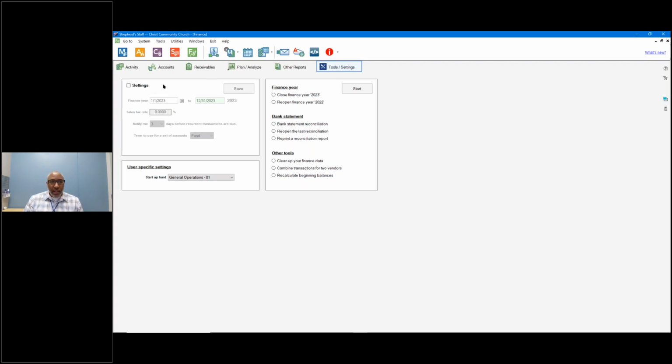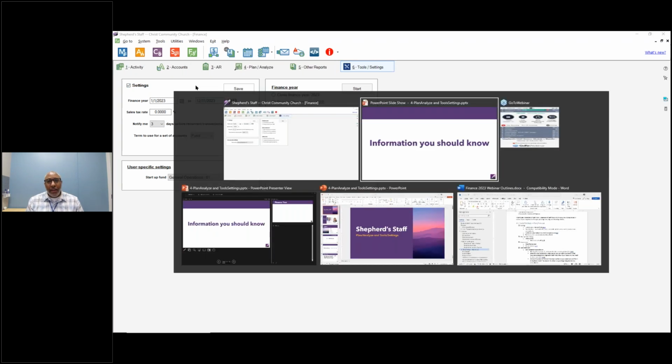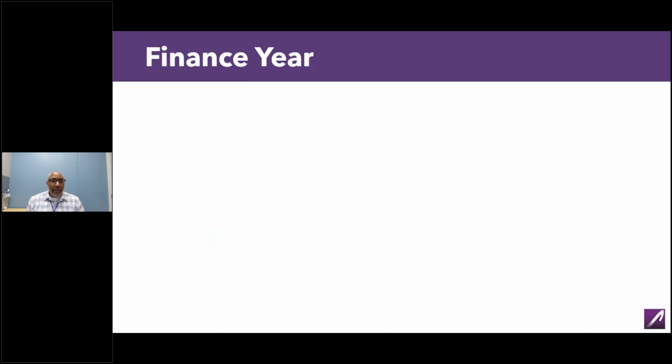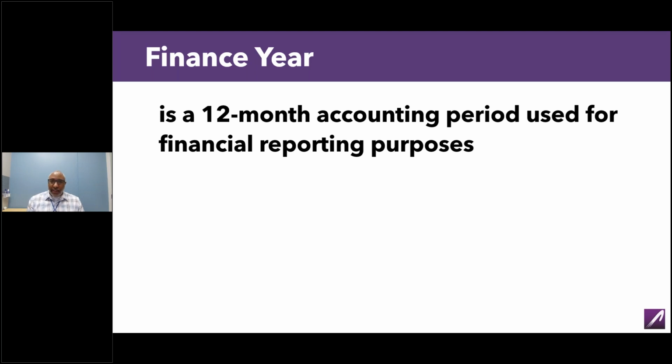To be able to make a change to a setting, you will check the little box here and then it'll open those items up. It starts out with the finance year, so I want to go back and show my finance year slide and just reiterate what a finance year is.